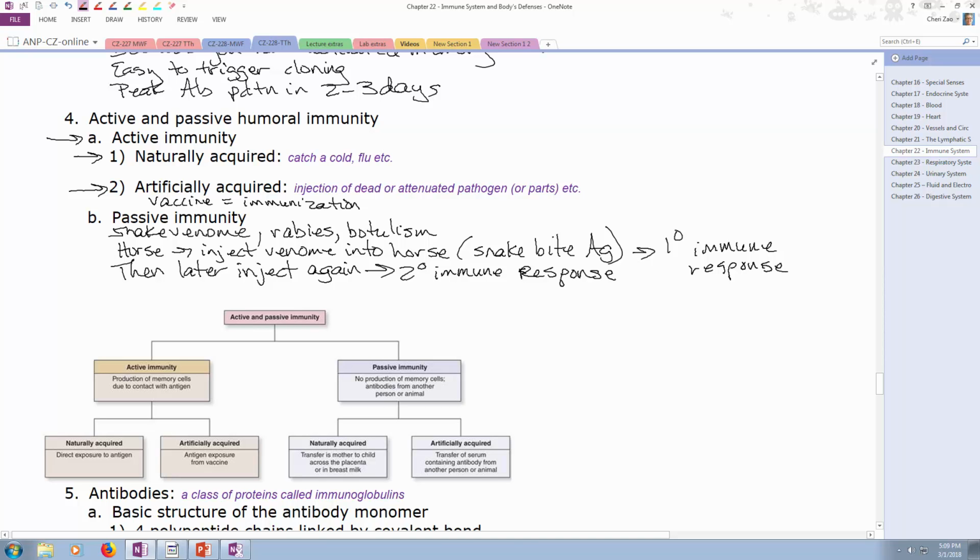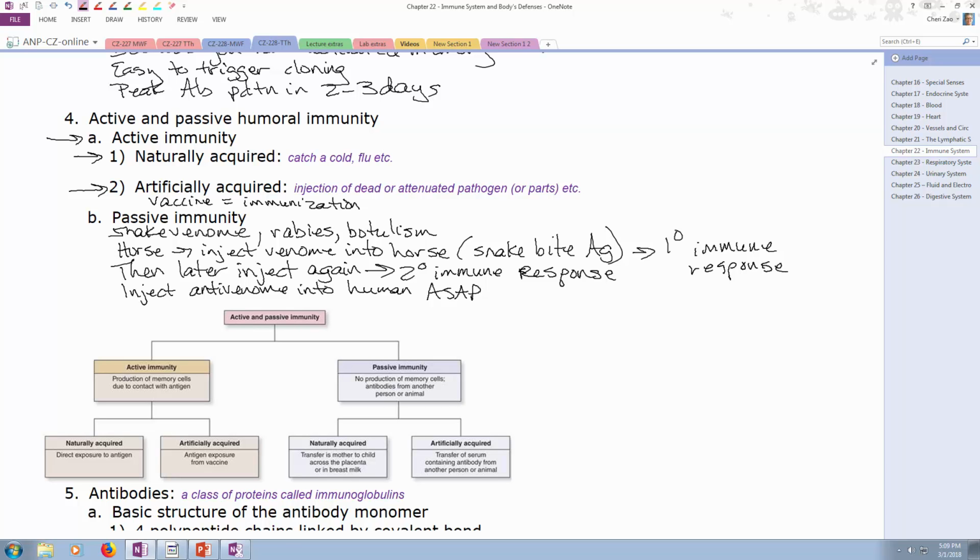So then you inject this anti-venom into the human ASAP, right? And so they have this anti-venom hanging around in a bottle in their emergency room, typically. Not in Idaho, but in other states where there are lots of rattlesnakes.